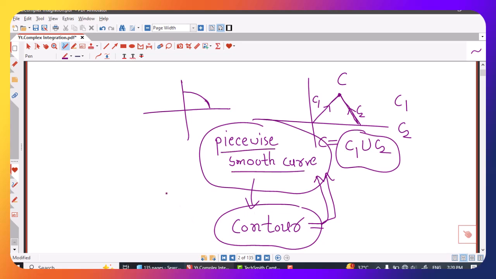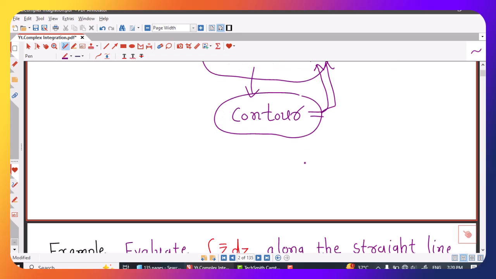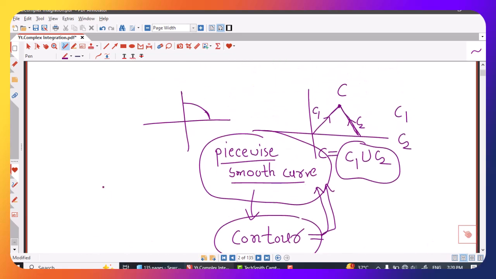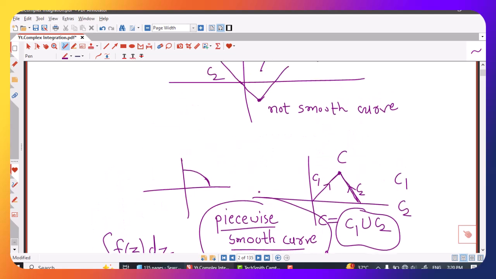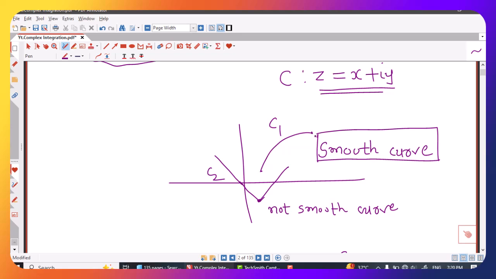In our complex integrals, we are going to consider some complex function which is defined along a given contour, and contour means piecewise smooth curve, and smooth curve means there is no sharp corner in that curve.